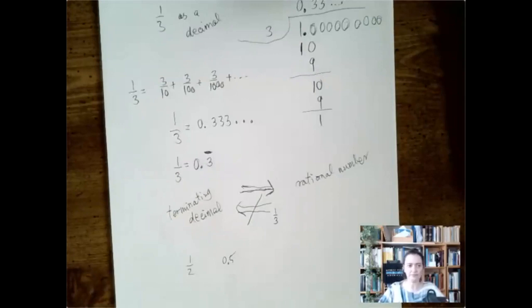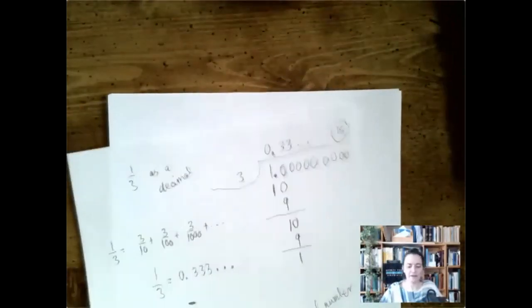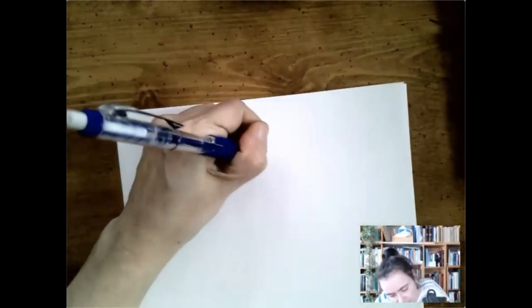Terminating decimal, and even that, what's the deal with 1 over 3? And what about 1 over 7? And what about these repeating decimals? What about something like 0.77777?